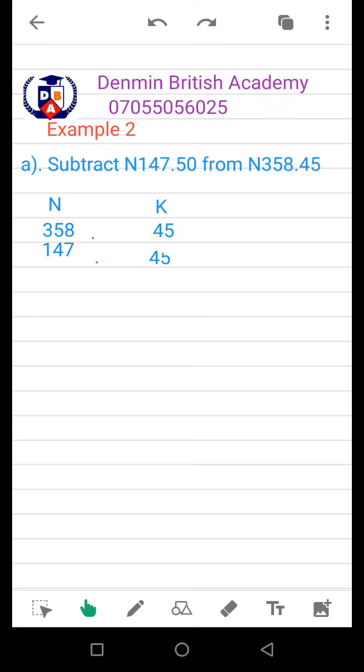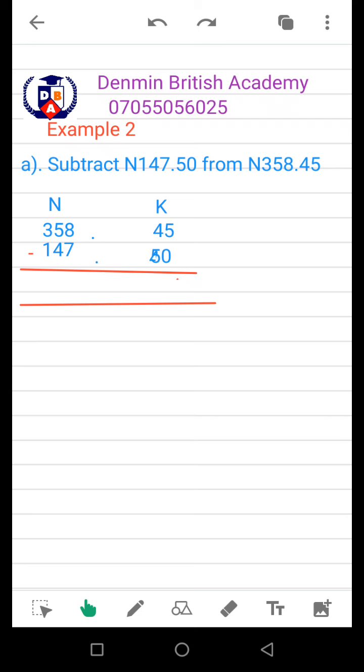We need to rectify that. So 358.45, then 147.50. Rule a line. I made a mistake there.